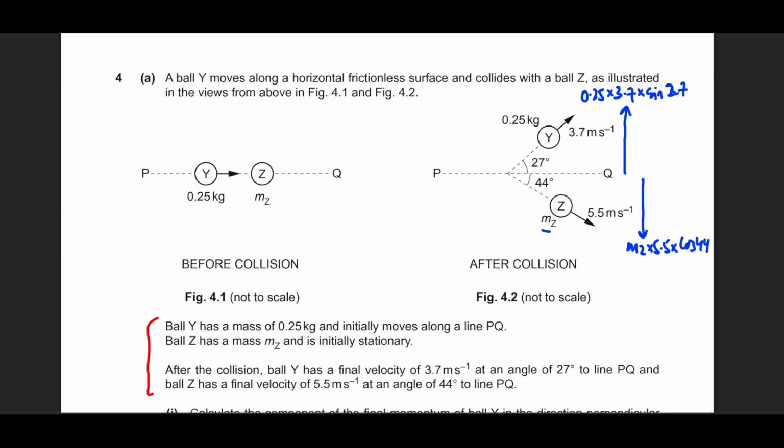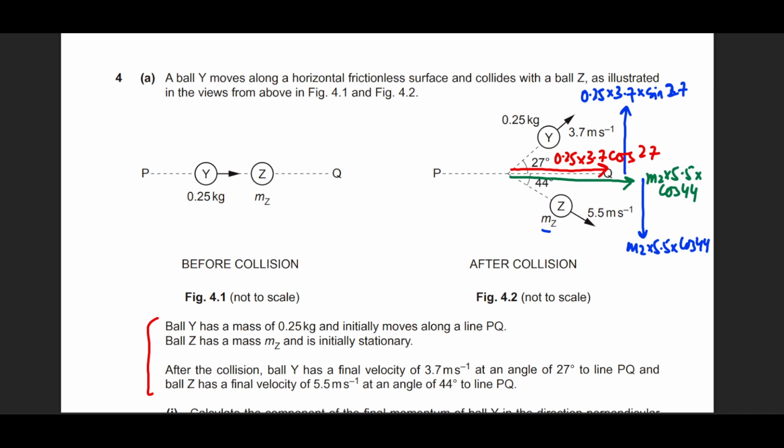On the other hand, if I wanted to find the horizontal components, this is going to go something like this. This would have been 0.25 multiplied by 3.7 with a cos of 27. For the other one, that would have been mz multiplied by 5.5 multiplied by cos of 44.